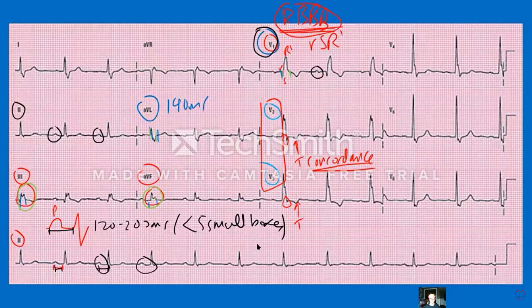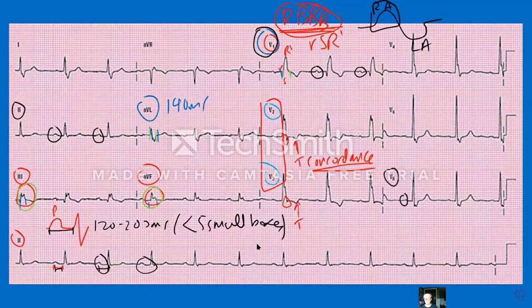So look here, these are biphasic P waves. Remember, the first part of the biphasic P wave represents the right atrium, and this represents the left atrium. We can see that the first portion of it, this here, is actually greater than the first portion of the P wave in V6.